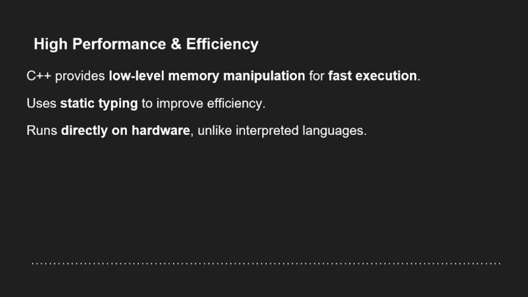It has no intermediate step, where the code is first passed to an intermediate layer. That does not happen in the C++ language. It directly communicates with the hardware and gives responses according to what we tell the hardware and how the hardware responds.